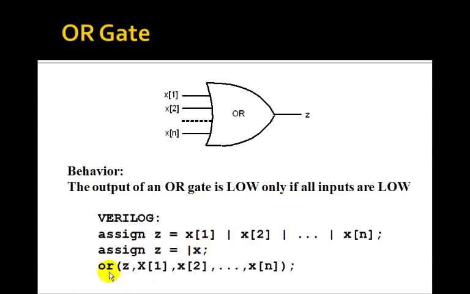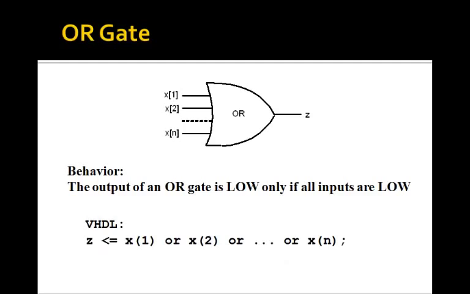And we have the gate instantiation statement OR, producing the output z for the inputs, x1 to xn. Again, in Verilog, you have to spell out the word OR and use the curved brackets for the array indices.